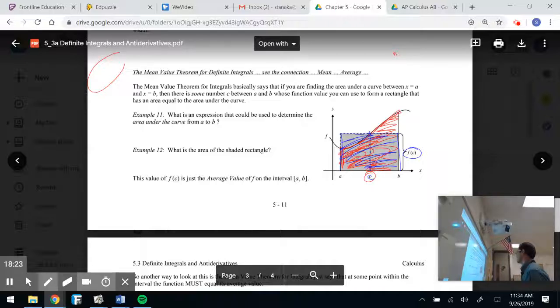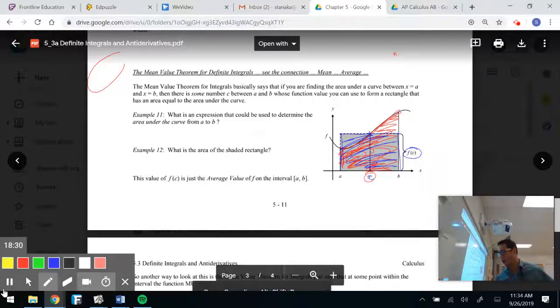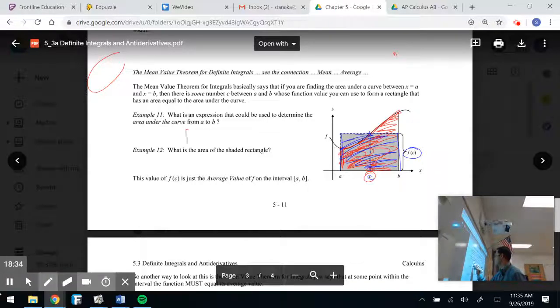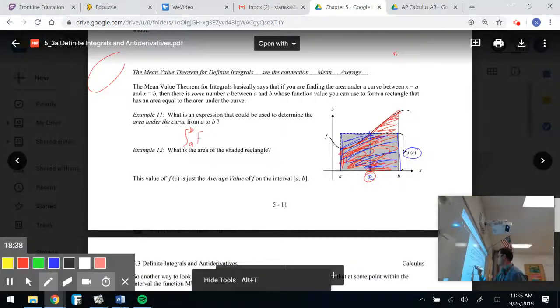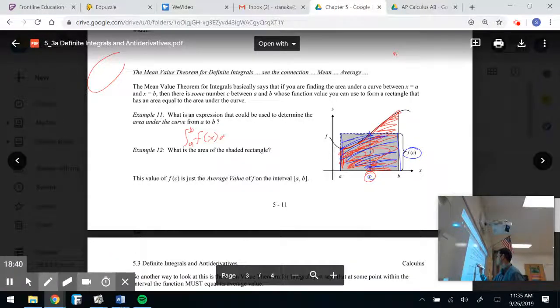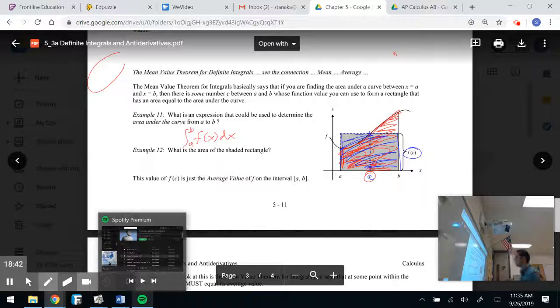What is an expression that could be used to determine the area under the curve from A to B? What I want you to do is hit pause. I really hope you hit pause. The area underneath the curve, hopefully we all know by now, is the integral from A to B of f of x dx. What is the area of the shaded rectangle, the blue?